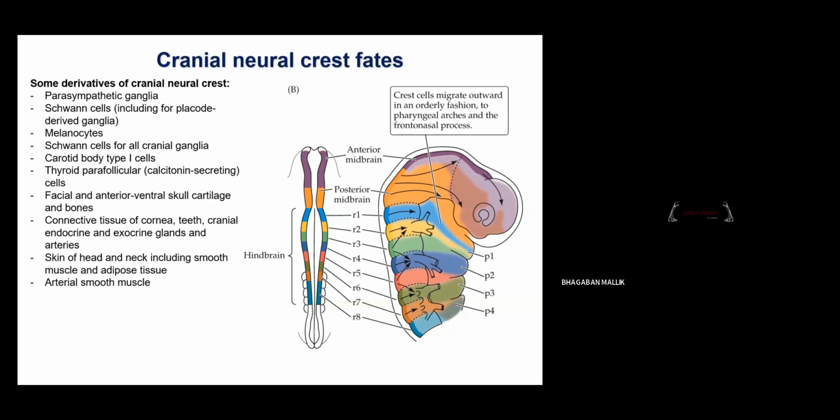Previously I talked about trunk neural crest or enteric neural crest. So you also have the cranial neural crest. It forms different types of cells. These are mentioned here, like it forms the parasympathetic ganglia, the Schwann cells, all different diverse kinds of cells.